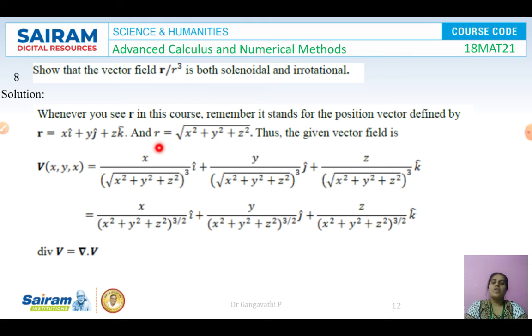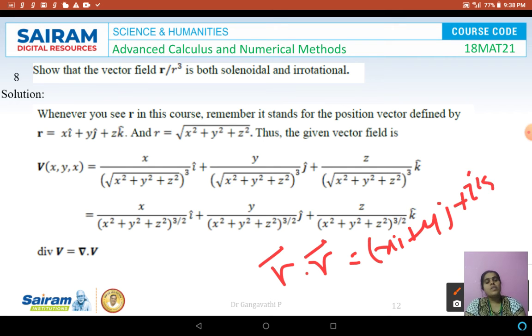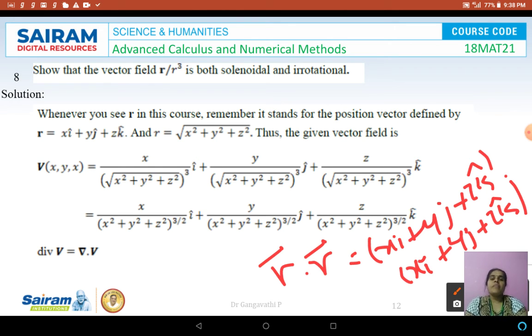And when we square it, it means r dot r. r dot r is xi plus yj plus zk cap into the same vector. When we do the dot product between two vectors, it results in a scalar, so we get x square plus y square plus z square.